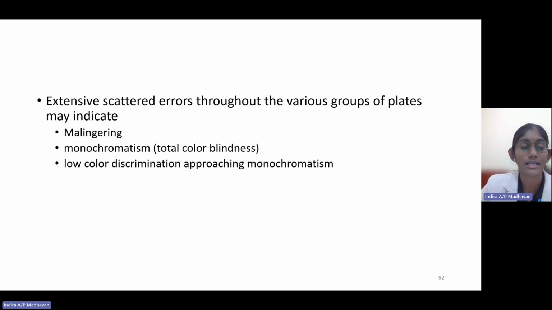So these are the possible reasons if we have results that are difficult to conclude.